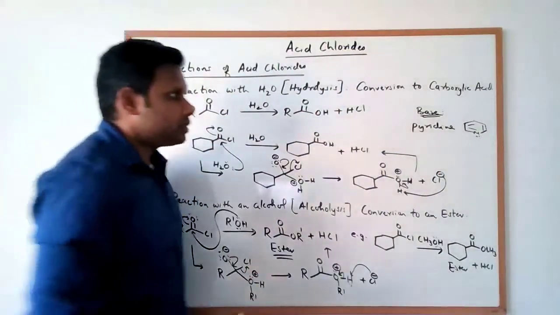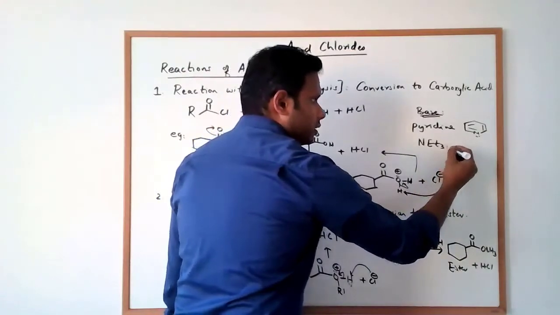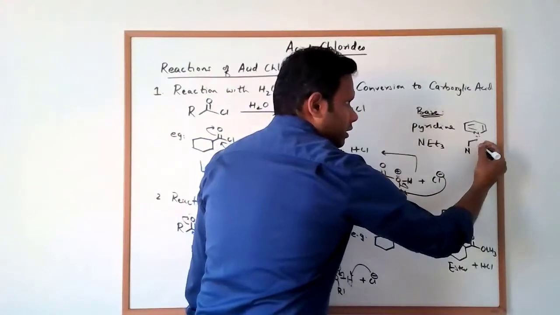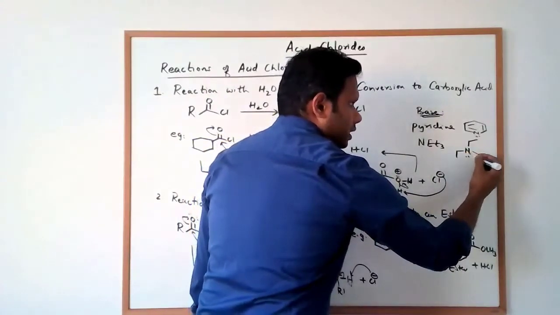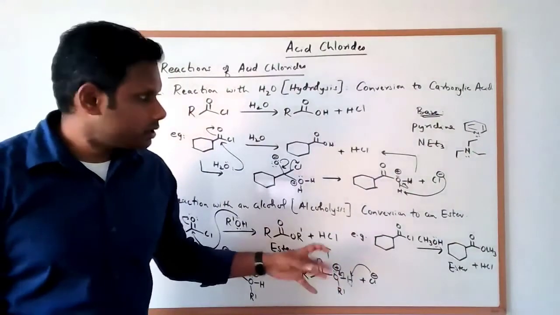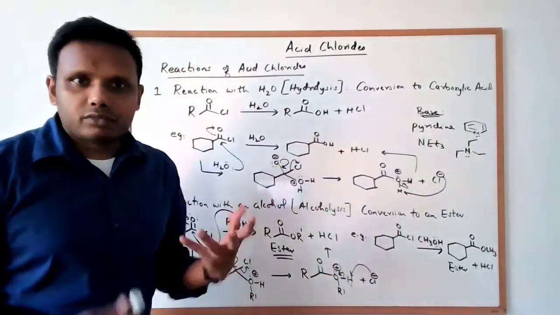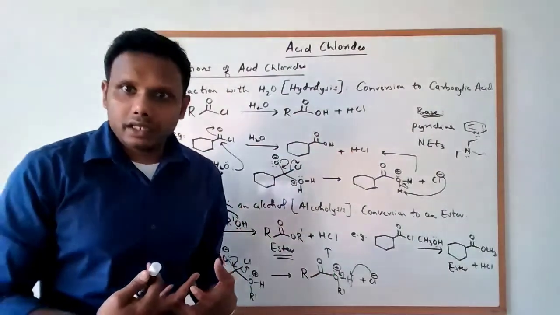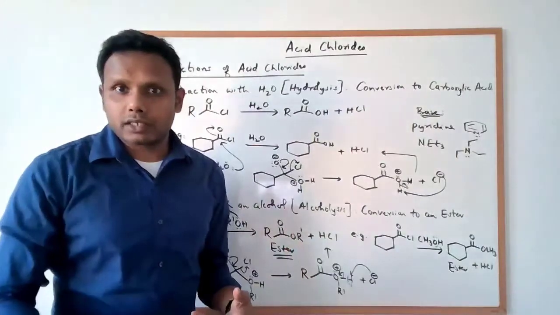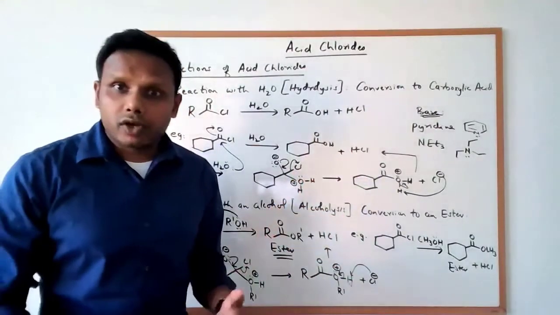Another organic base that is commonly used is triethylamine. These are both good examples of bases that can be used for this reaction. They would react with the HCl, and that way you can avoid any side reactions that would involve another functional group present in your molecule.